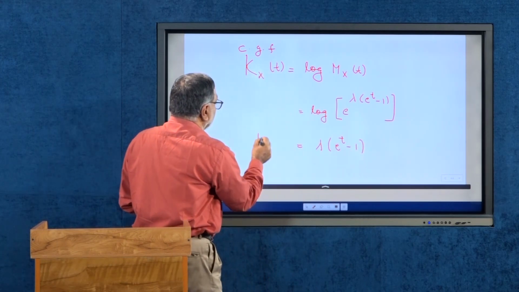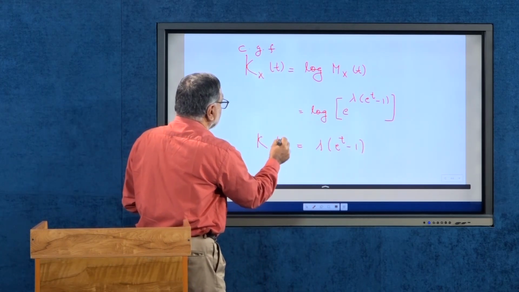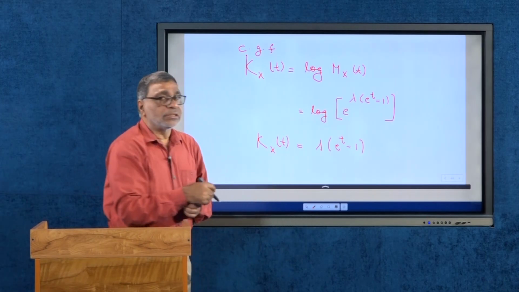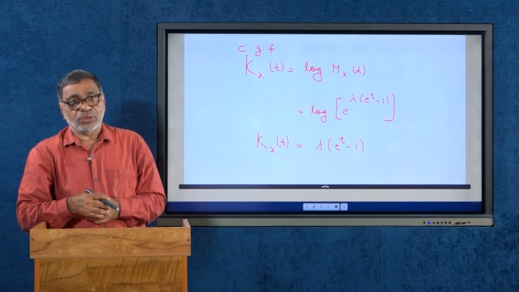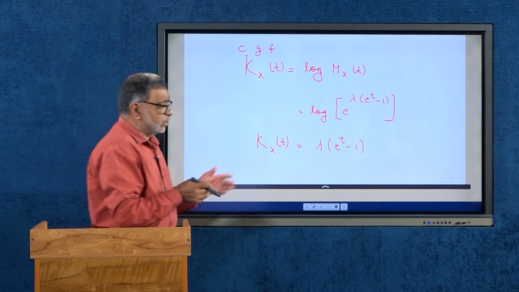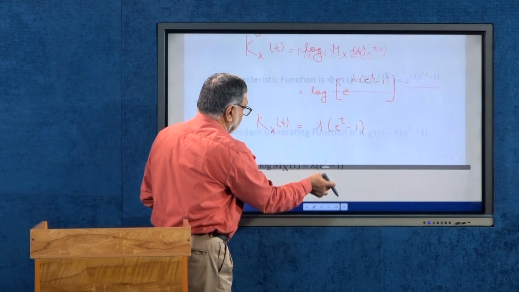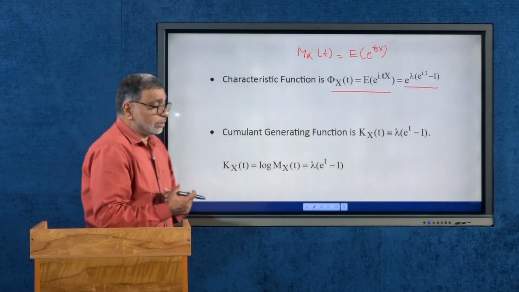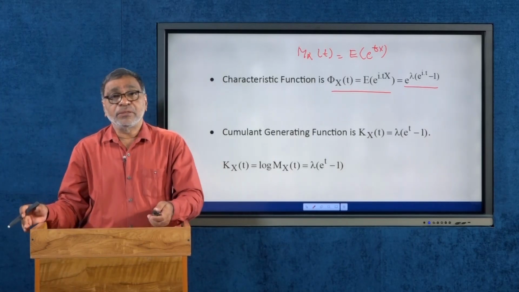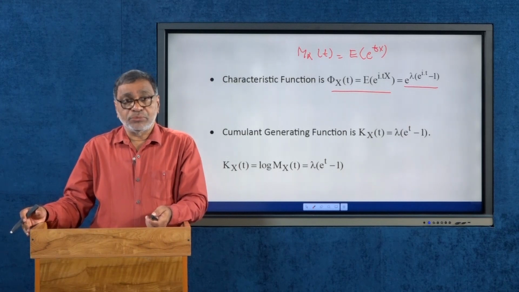So remember, for a Poisson distribution, the cumulant generating function is equal to lambda (e power t minus 1), and from this you can see how we can find the cumulants of the distribution.